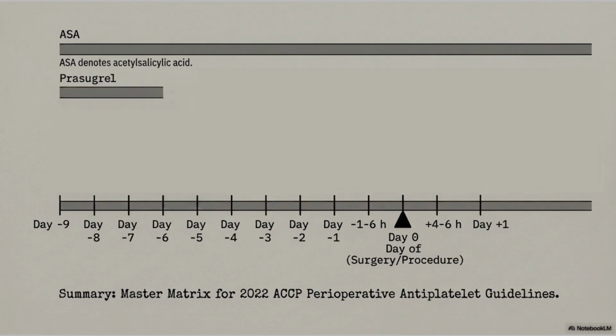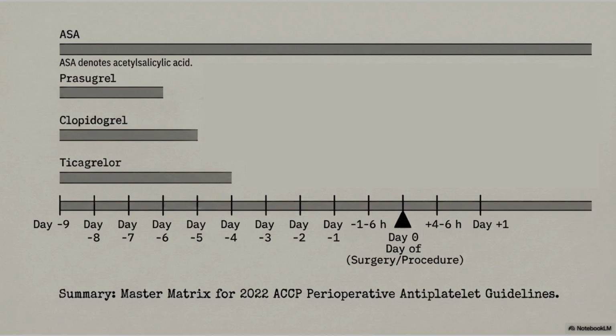When it comes to prasugrel, you hold the medication 7 to 10 days before the procedure. Clopidogrel, 5 days before the procedure. Ticagrelor, 3 to 5 days before the procedure. You hold before you undertake any procedure.